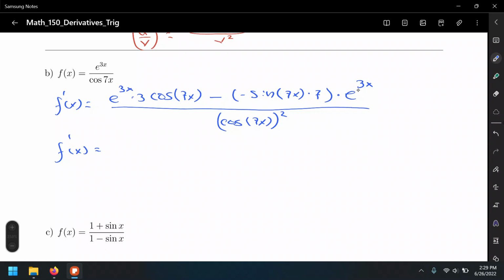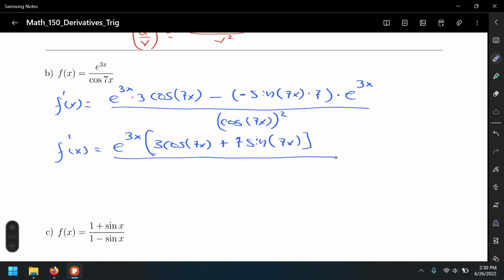So let's just factor out an e to the 3x, and that's going to be 3 cosine 7x minus minus, be careful, that's going to become a positive, and this 7 can be written in front of the sine as 7 sine 7x, and then the whole thing divided by cosine squared 7x, and there's again not much to simplify over here.